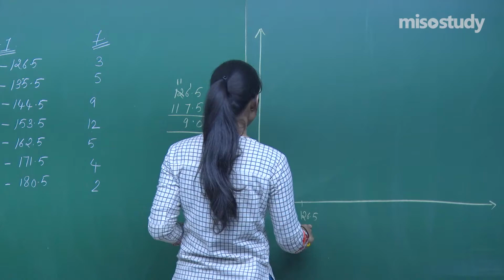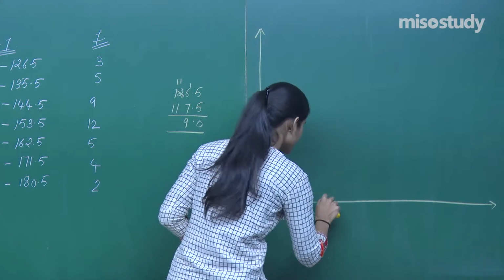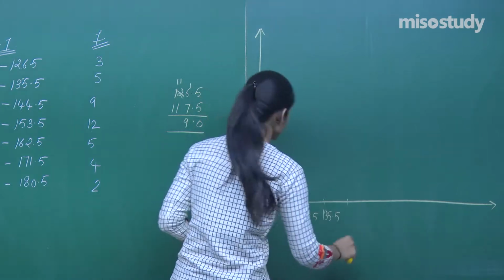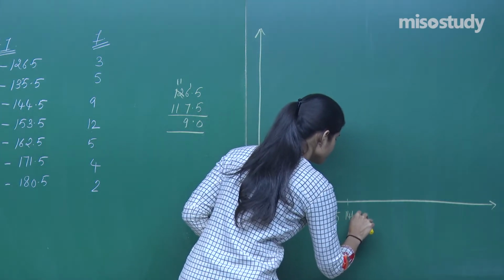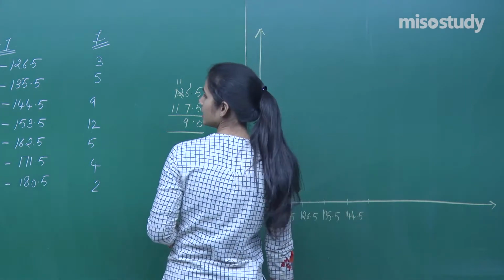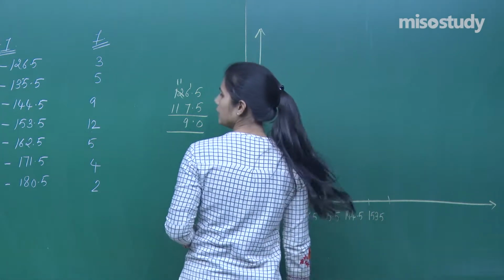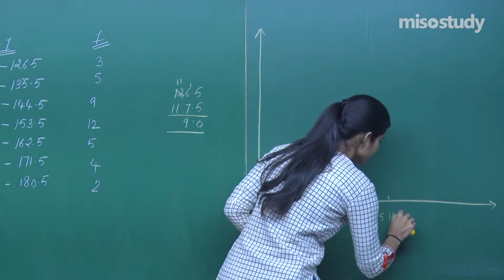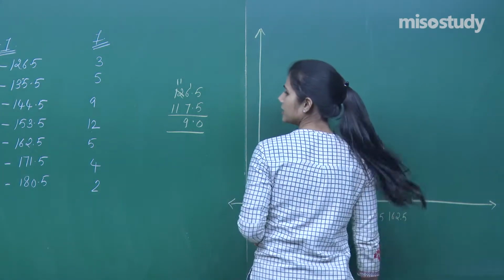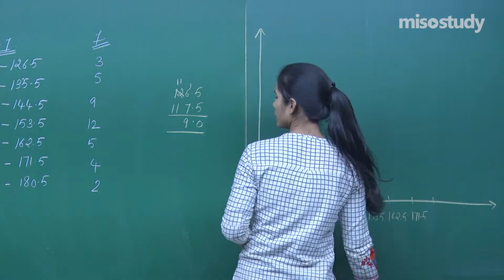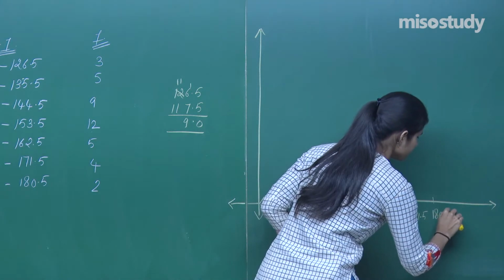So 117.5, then 126.5, then 135.5. Then you take 144.5, then 153.5, then 162.5, then 171.5, and then 180.5.